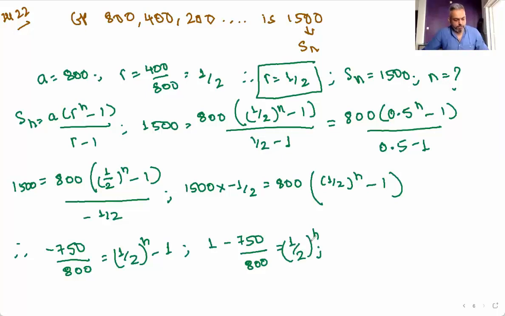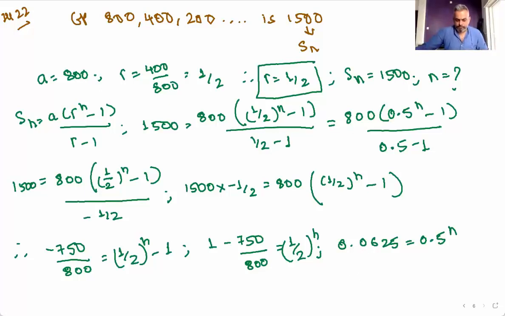So let's check out 750 divided by 800, 0.9375. So 1 minus 0.9375 is 0.0625, which is equal to 1 by 2 raised to n, that is 0.5 raised to n. Take a calculator and 0.5 into itself, 2, 3, 4.